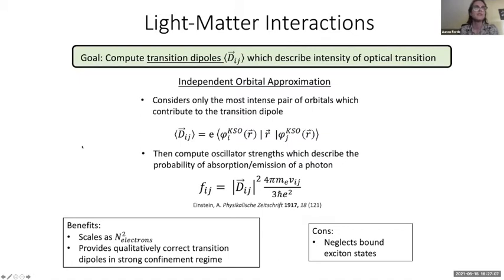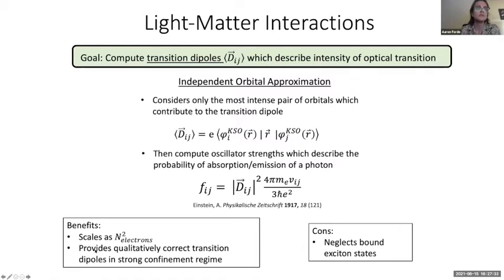And for this thesis, we operate in the independent orbital approximation, so we neglect bound Coulomb or exciton states, which requires heavy-duty theory to do that, which would be costly for the size of the systems we look at.